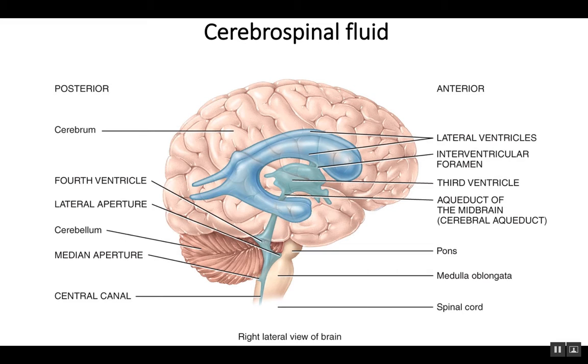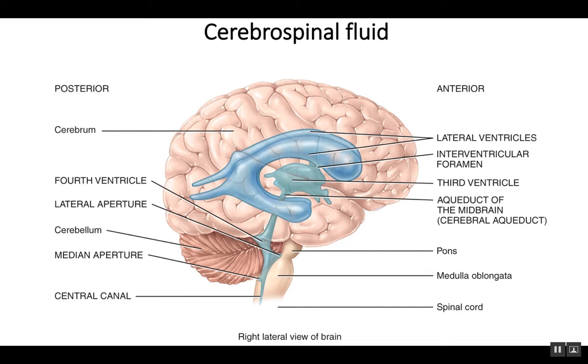Cerebrospinal fluid is a water-like fluid, so it looks a lot like water, but it has a lot of important ingredients, if you will, in it. And this fluid acts much like blood might in that it distributes a lot of nutrients throughout the brain and spinal cord.